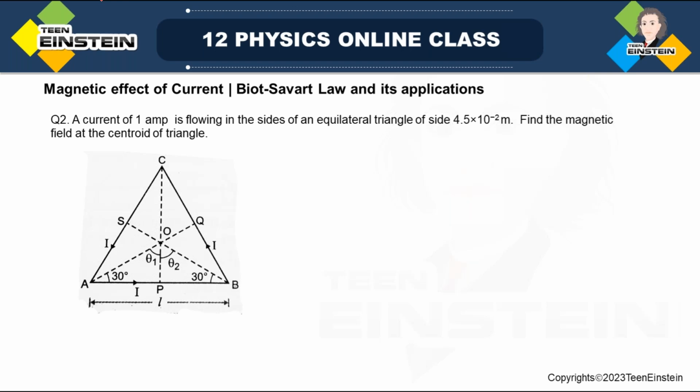So here also we need to first remember the formula with sin theta 1 plus sin theta 2, because each side of the triangle is actually a straight conducting wire.